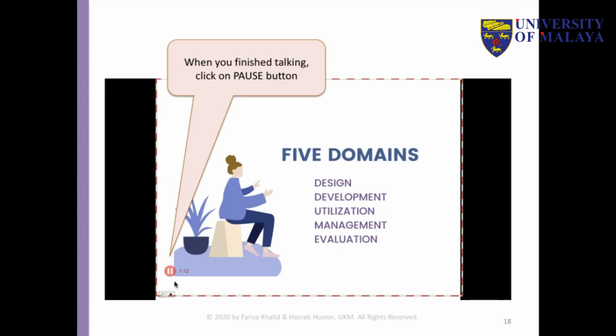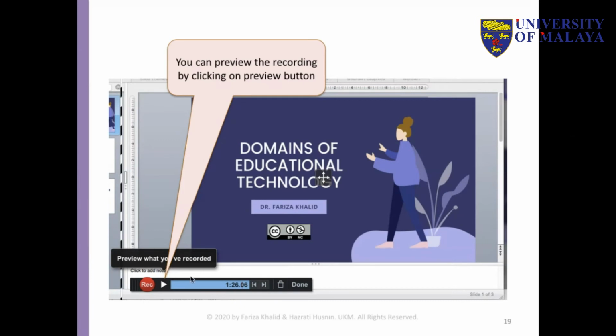Right. So when you finish talking, you can always click on this pause button. Just now, the button was in record mode. But once you are in the recording mode and you want to stop it, just click on the pause button here. And you will be given these options. You may want to preview your previous recording by clicking on the preview button, and then you will see how it looks when it turns into a video.